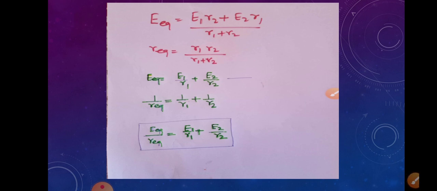We can write E equivalent upon R equivalent as E1 upon R1 plus E2 upon R2, and 1 upon R equivalent as 1 upon R1 plus 1 upon R2. So E equivalent upon R equivalent equals E1 upon R1 plus E2 upon R2.